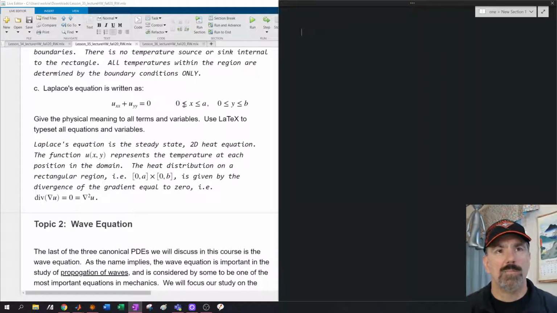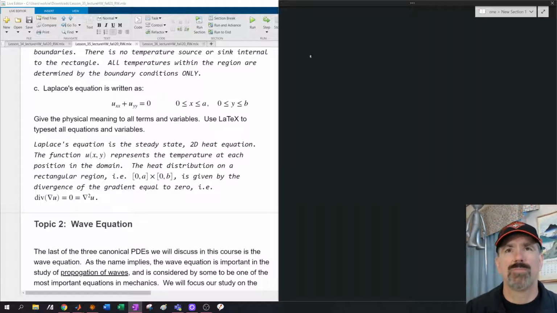Looking at the PDE here, what it really comes down to is this is the steady state 2D heat equation. So you recall the heat equation in general for 1D is something that looks like this, where u is a function of x and t.